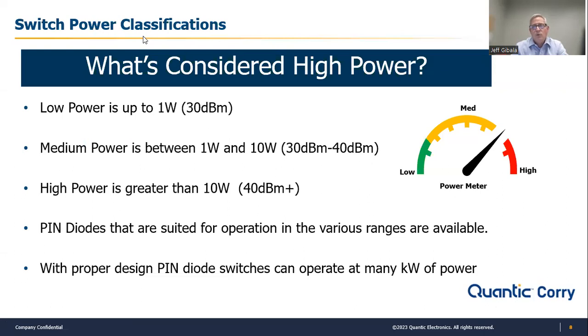There's medium power, which is 1 watt to 10 watts, and then there's high power, which is 10 watts and above, and it could be up to kilowatts. There are PIN diodes on the market that are suited for operation in these various ranges, and PIN diode switches, when designed properly, can operate at many kilowatts of power.